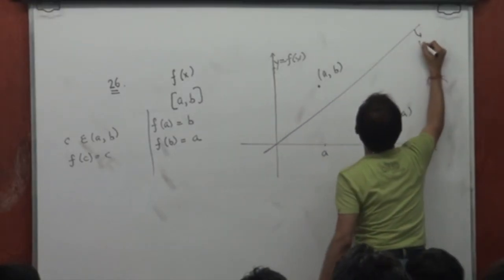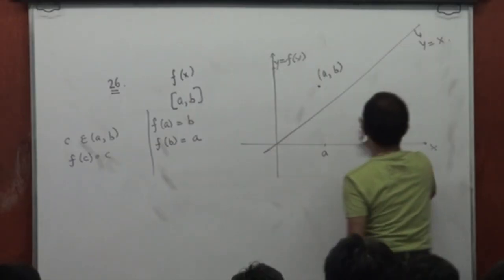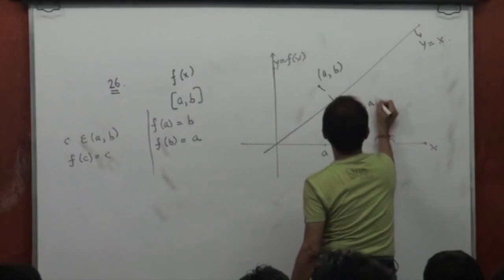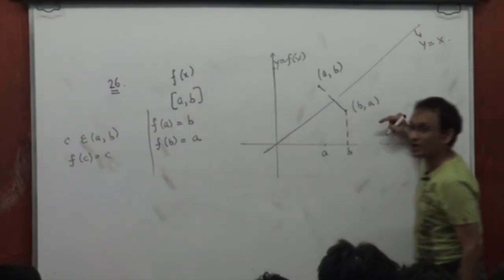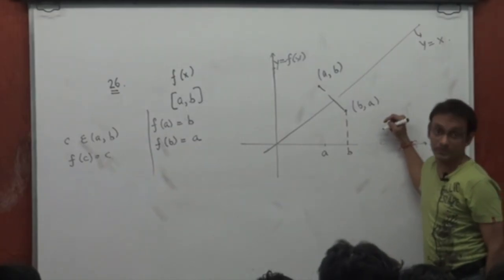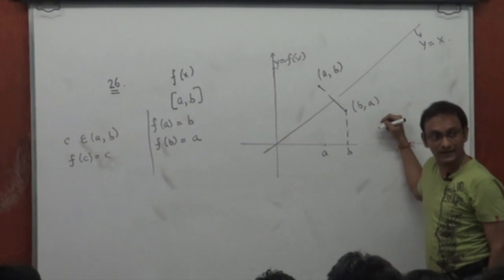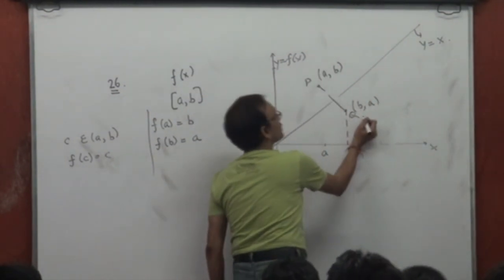This is the line y equal to x. Do you realize that (a, b) and (b, a) are mirror images of each other about the line y equal to x? This is a point on the graph of the function, and this is a point on the graph of the function.